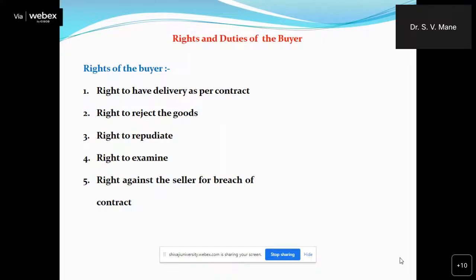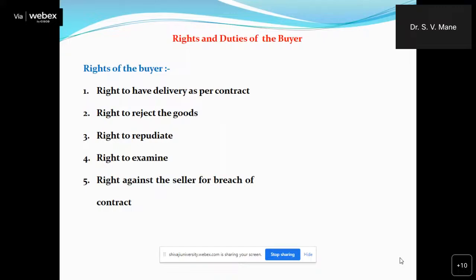So rejection is one of the rights given under this act to the buyer, that they take the decision about the rejection and acceptance of the delivery of the goods. So this is one of the rights given by the act.